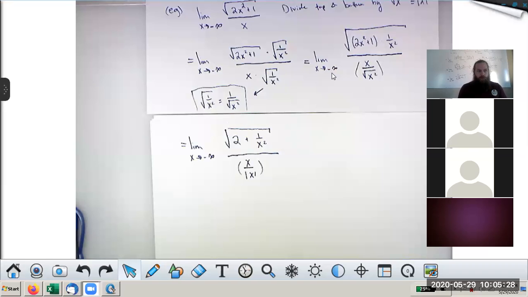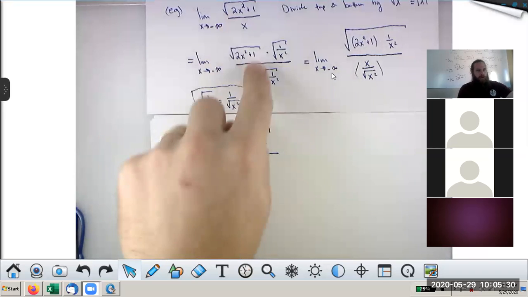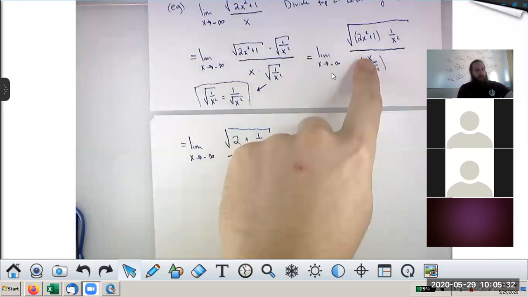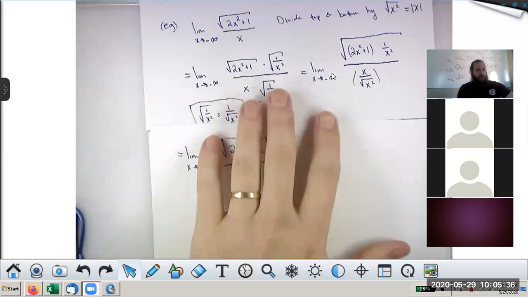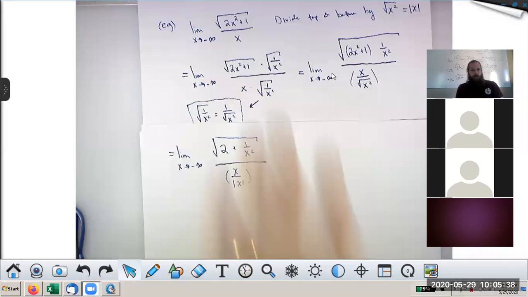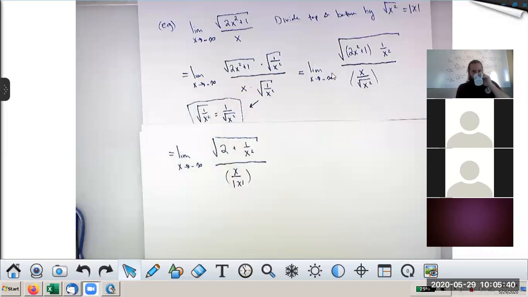Are there any questions about how we passed from here to here or from here to here algebraically? Yes, please. So it's a law that the square root of x to the power of 2 is an absolute value, and when we're solving the problem, is that what you want us to write, the absolute value of x?